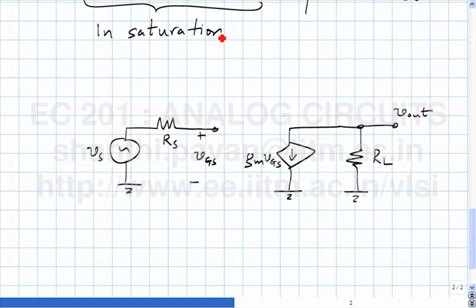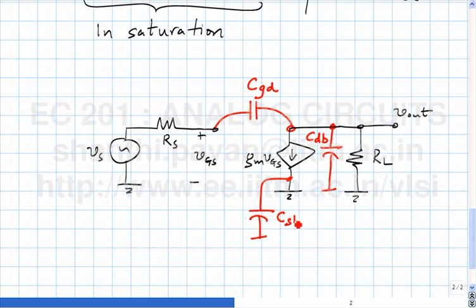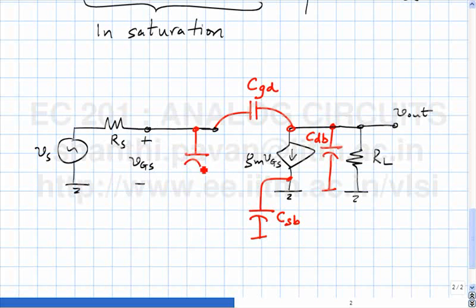When the frequencies are not low enough, we have to use the complete small signal model for the MOS transistor operating in saturation, and as we have seen, we have to add in CGD, this is CDB, this is CSB, and this is CGS.